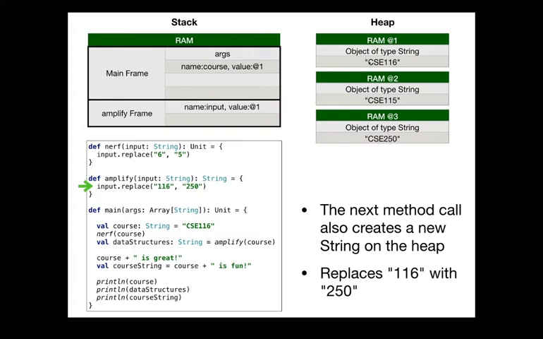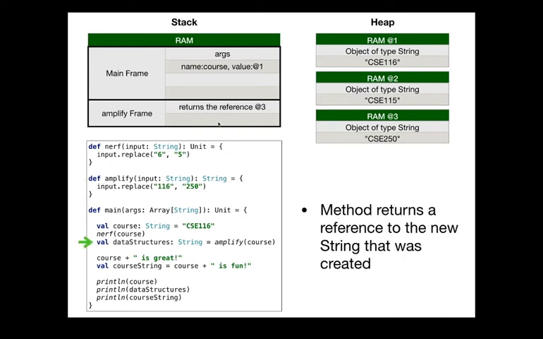So input, at 1, is looking at this string and calling replace 116, 250 on it, finding the substring 116 and replacing that with 250 in a brand new string without changing this string. Nothing on the heap is going to change throughout this entire program. Nothing changes, we're just adding more things to the heap. We return that new reference at 3, and this input.replace resolves to at 3.